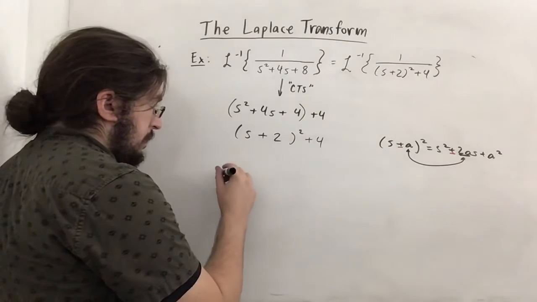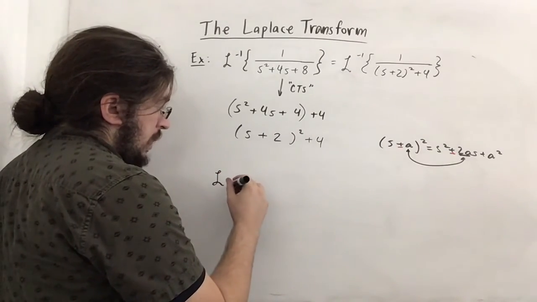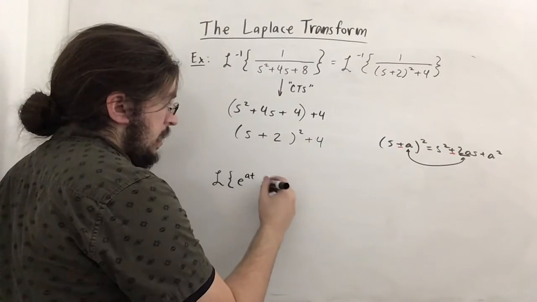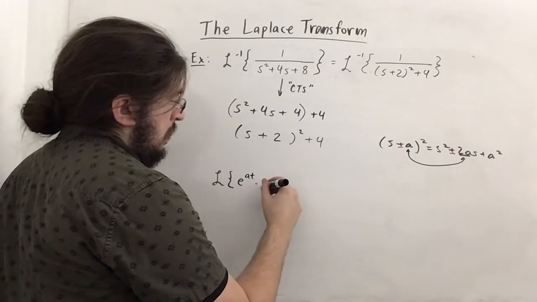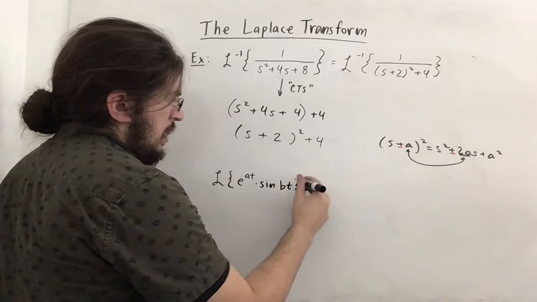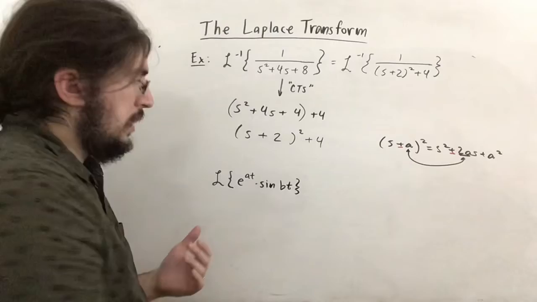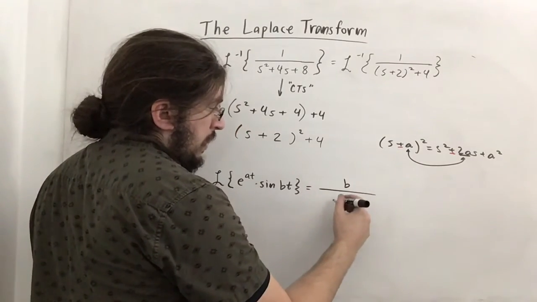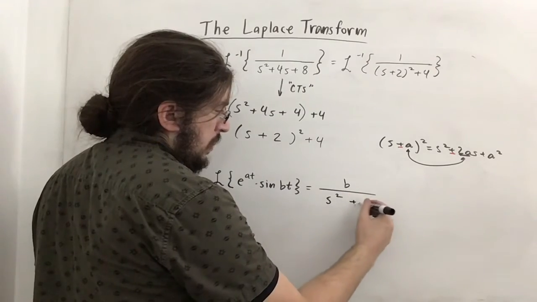So, for example, if you remember, we said Laplace of e to the at times, let's say, sine of bt, or cosine of bt. Doesn't really matter which one, but for right now, let's take a look at sine. So remember the rule for sine was b over s squared plus b squared.